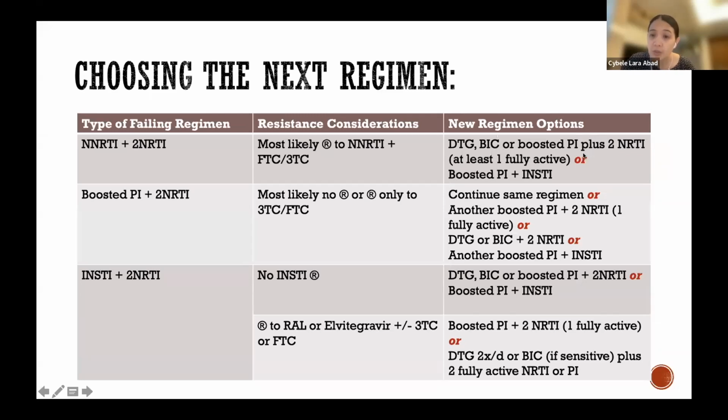Or potentially we can give him a boosted PI, such as lopinavir-ritonavir, which is here in the Philippines, plus your 2 NRTIs, which is typically still tenofovir. And remember, he's still susceptible to tenofovir, so he still has at least one fully active NRTI. So potentially his new regimen will be dolutegravir, tenofovir plus lamivudine.